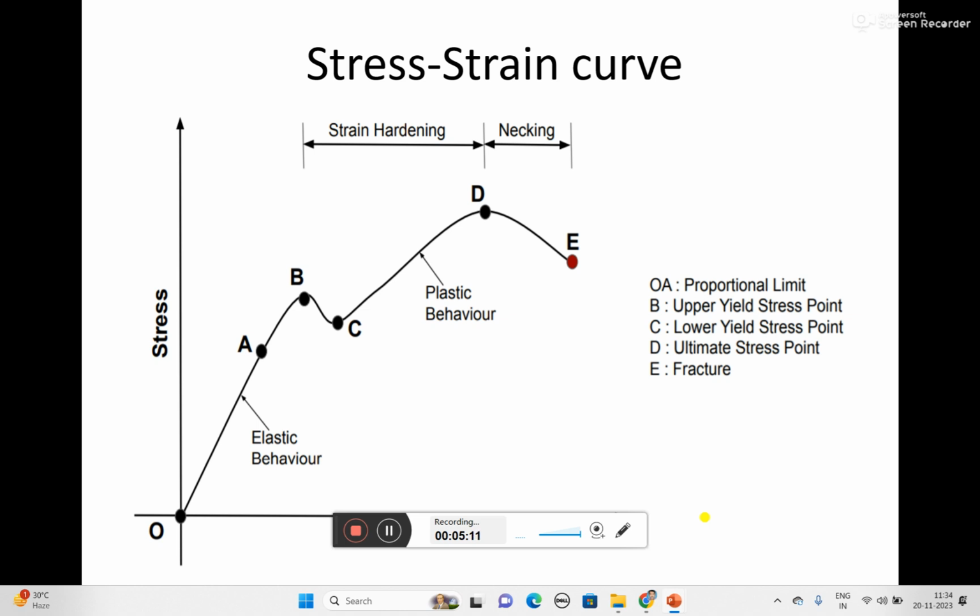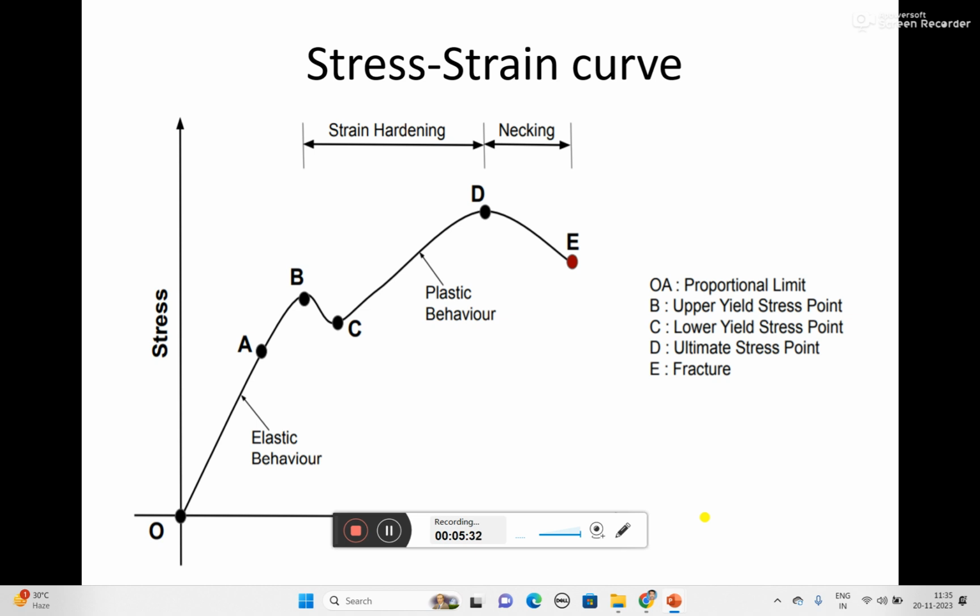At the origin, the point is marked as O, and after that, various points are marked at different distances: point A, point B, point C, point D, and point E.